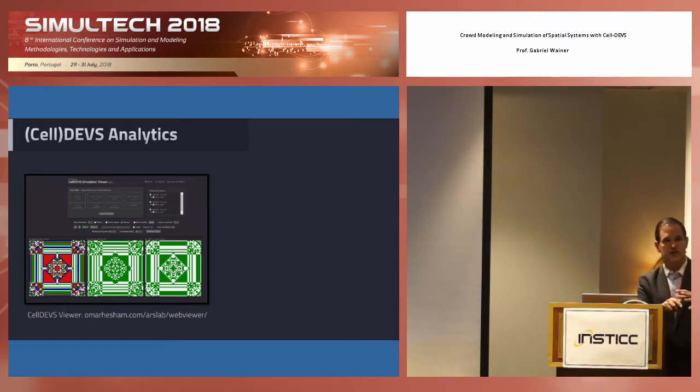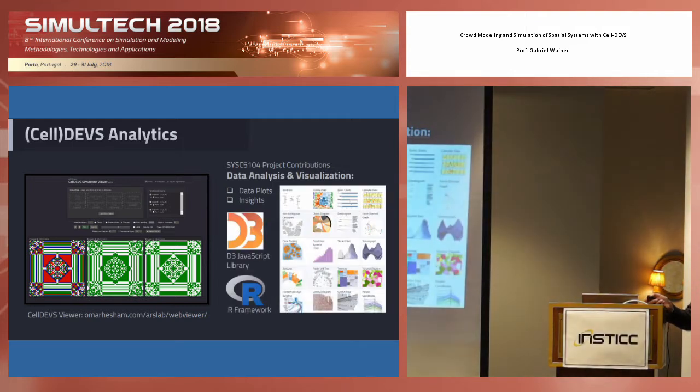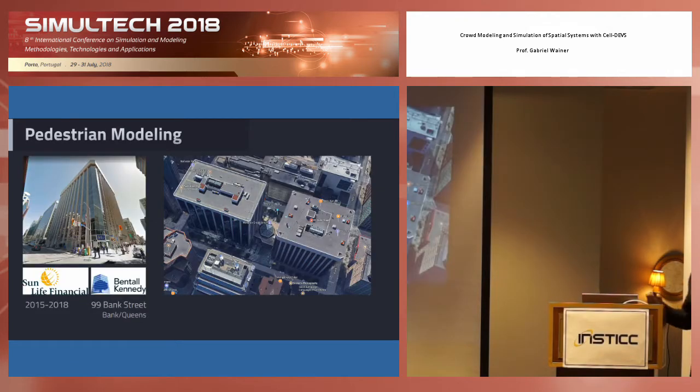We're also very interested in visualization of the results and including analytics of the results. Lately we have been combining these CellDEVS models with web-based simulation, distributed simulation and analytic tools. We have incorporated D3 and the R framework into our web-based version, and we have been using this for a while.